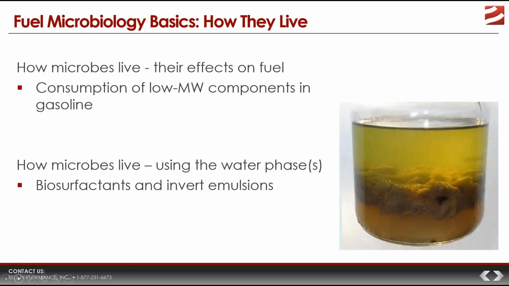You also have a change in the percentage of aromatics, because these lighter molecular weight components happen to be aliphatics. Microbes like to use aliphatics for fuel. If they consume a certain portion of the aliphatics, you now have a greater percentage of aromatics proportionately in the fuel blend. The effect this has on the fuel itself is that it can change the vapor pressure, and it can certainly change the viscosity. Point is, it can substantively affect the physical properties of the fuel.